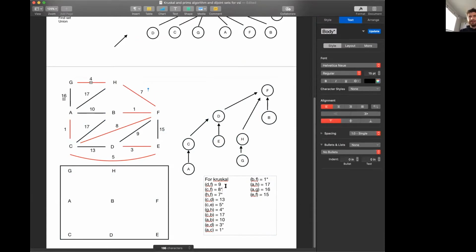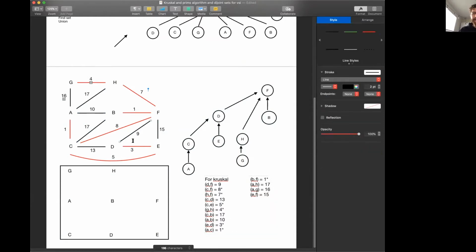And the next smallest edge would be the edge DF. DF is this one right here with a weight of 9. I do the same logic. I call find set on D. D is directly connected to F, and D will give me F.